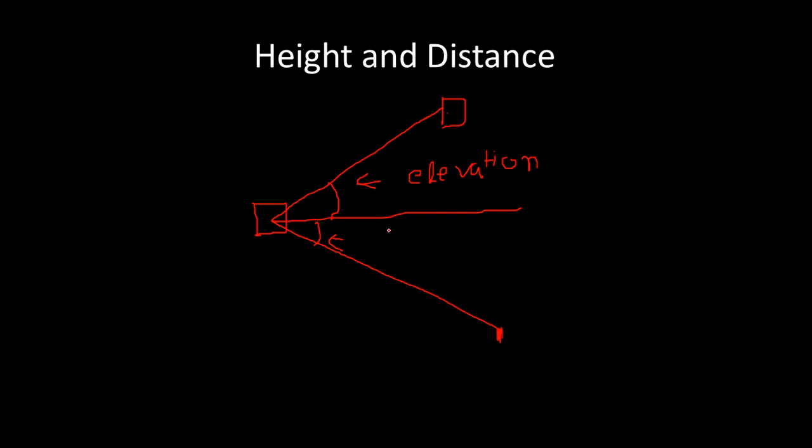The angle made between the horizontal line and the line of sight, if the object is below the horizontal line, is called the angle of depression.